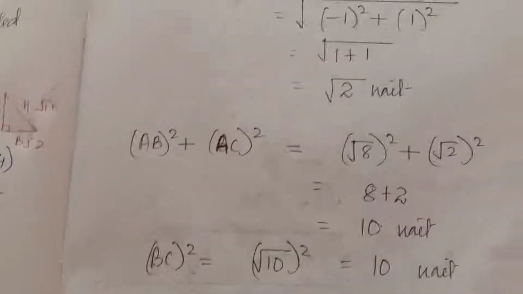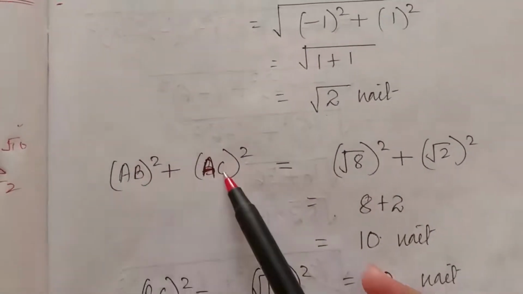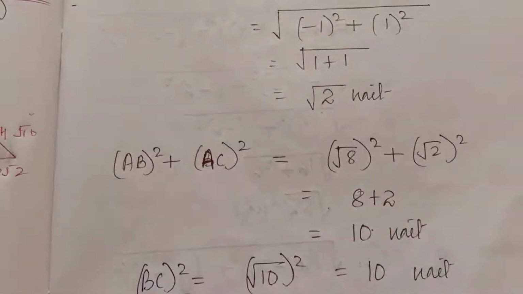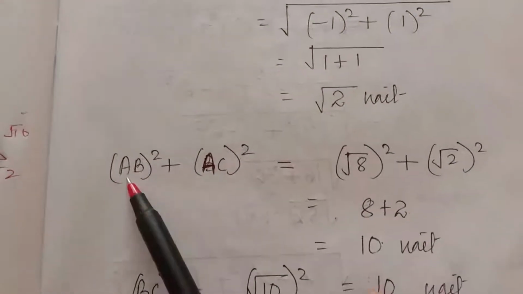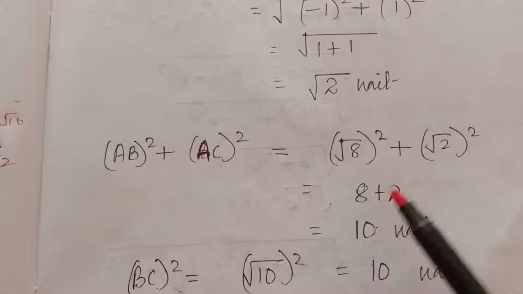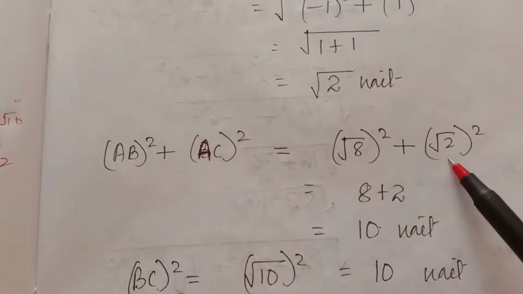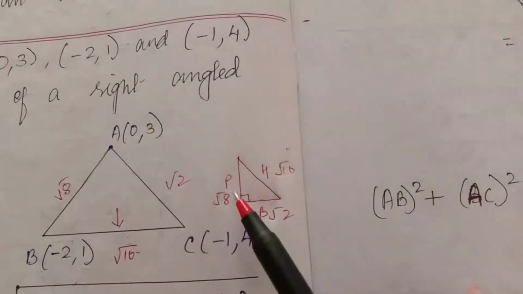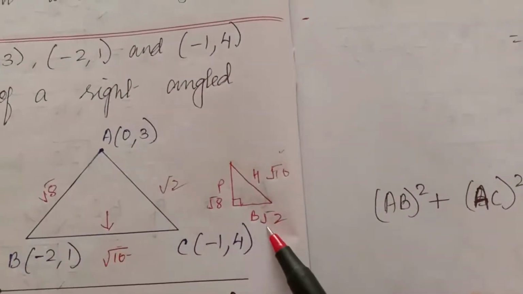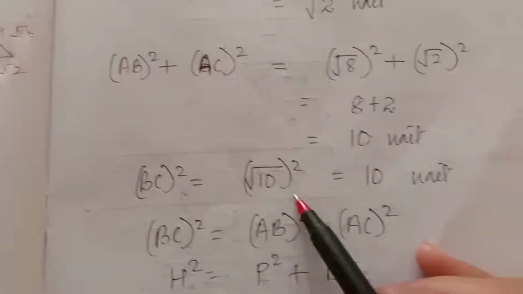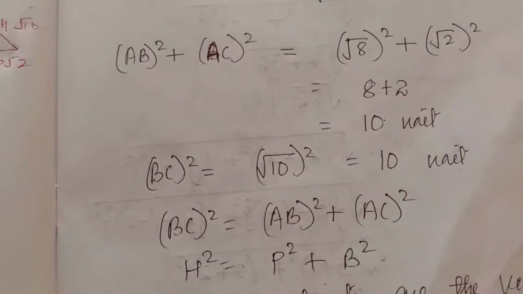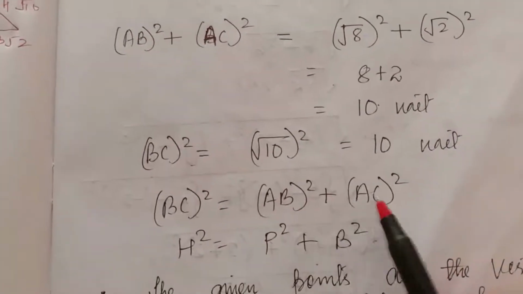So you know the Pythagoras theorem is: perpendicular square plus base square is equal to hypotenuse square. AB square is root 8 square, which is 8. AC is root 2 square, which is 2. So perpendicular square plus base square is 10 units. Let's find the hypotenuse square. BC is root 10 square, which is equal to 10. So we got that hypotenuse square is equal to perpendicular square plus base square.